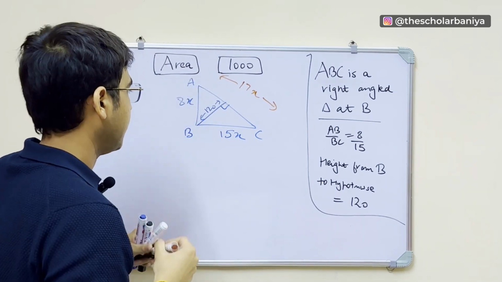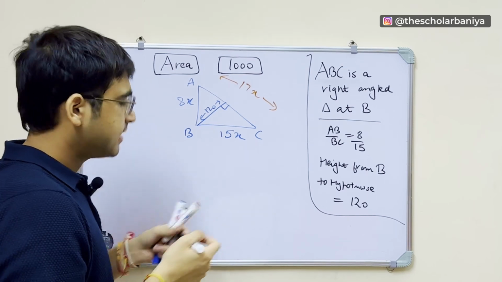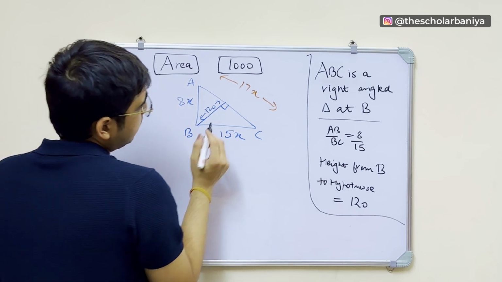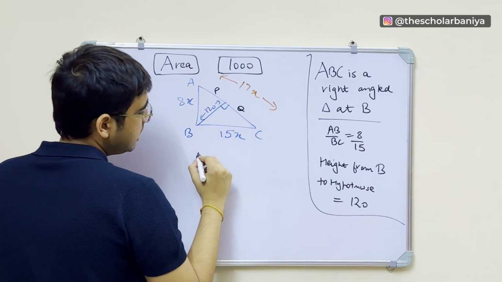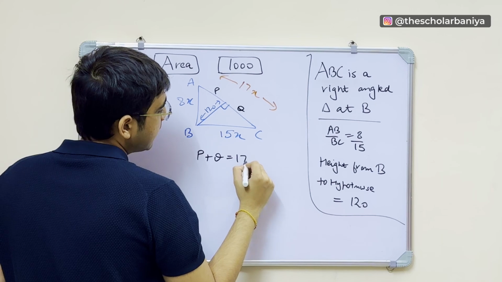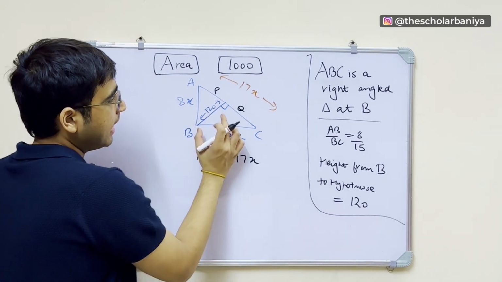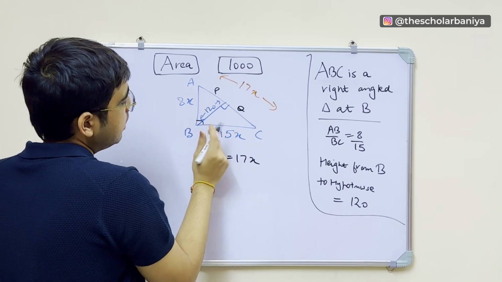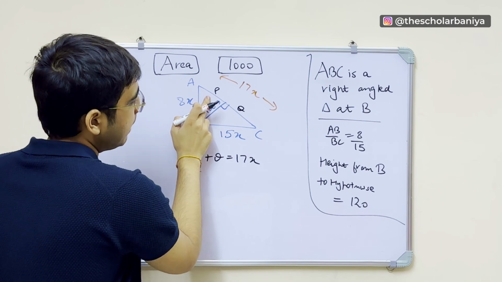Now tell me one thing, that for example, if this is P and this is Q, right? So obviously P plus Q is equal to 17x. And we also know that if this is a right angle triangle and if we drop a perpendicular, then h square is equal to m times n.